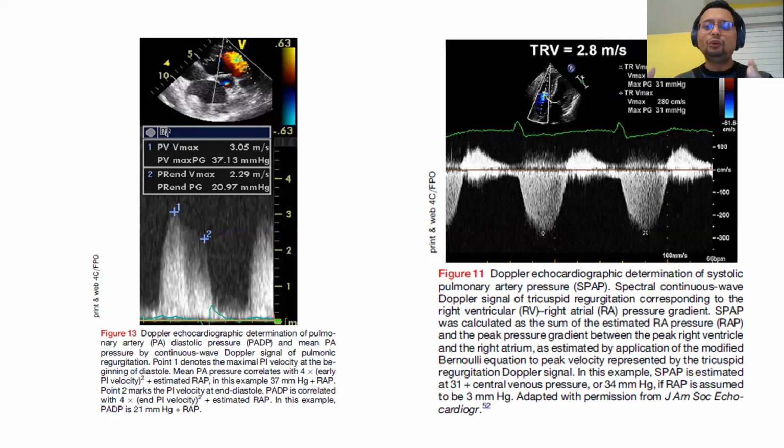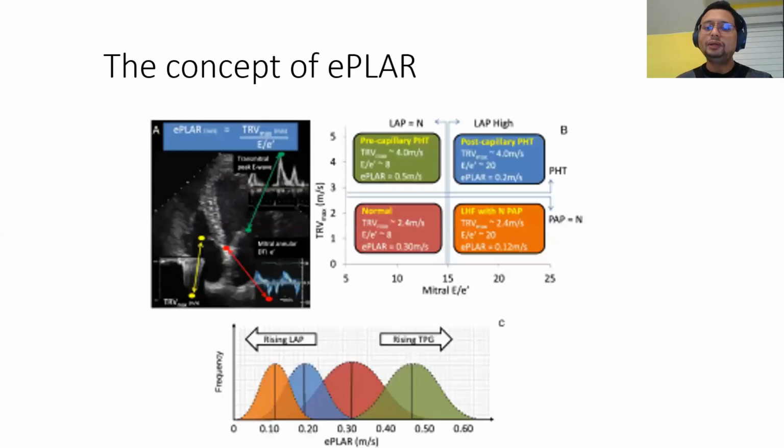Now, if you judge from echo, how do you differentiate between type 2 and the rest? There is something called EPLA, the echocardiographic pulmonary to left atrial ratio. You divide the TR Vmax in meters per second over E over E prime. Now E over E prime is a surrogate of LA pressure.